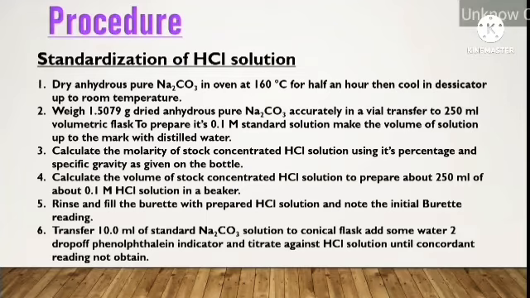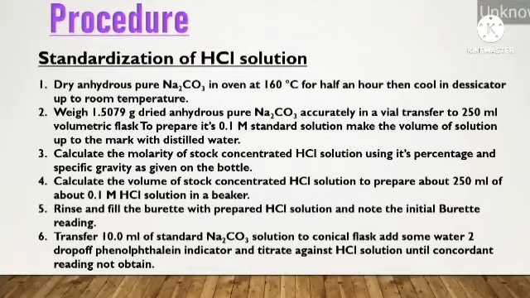Rinse and fill the burette with the prepared HCl solution and note the initial burette reading. Titration: transfer 10 ml of standard sodium carbonate solution to a conical flask. Add some water and 1 or 2 drops of phenolphthalein indicator and titrate it against HCl solution until a concordant reading is obtained.